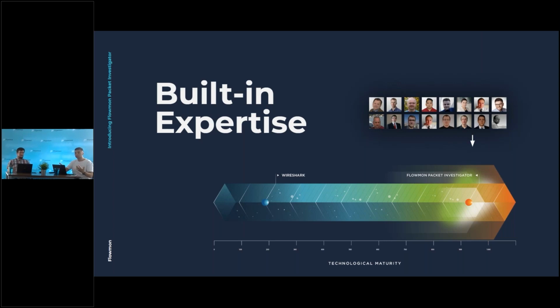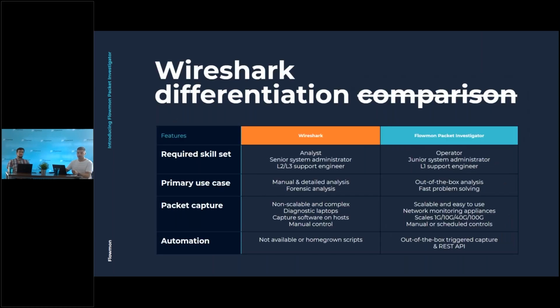We're used for different use cases. So while Flowmon Packet Investigator is mature in providing automated analysis and inbuilt expertise, it would be like comparing apples and pears. Having said that, we have a table. It's not a comparison table, it's a differentiation table that compares the two.